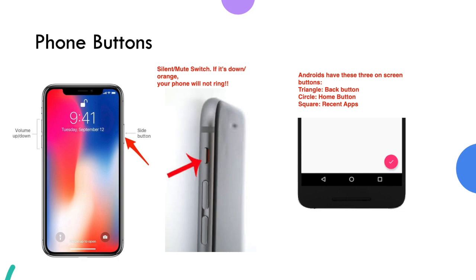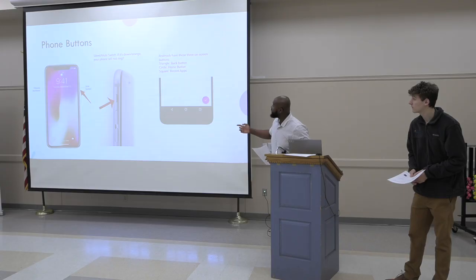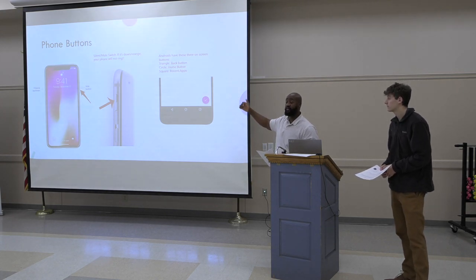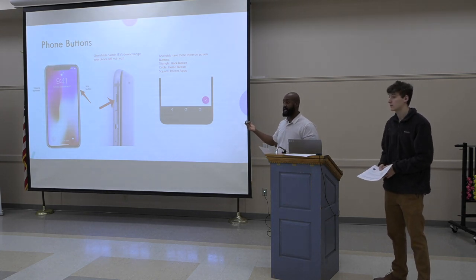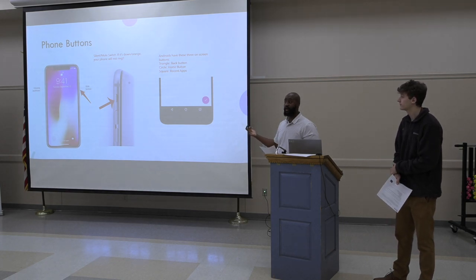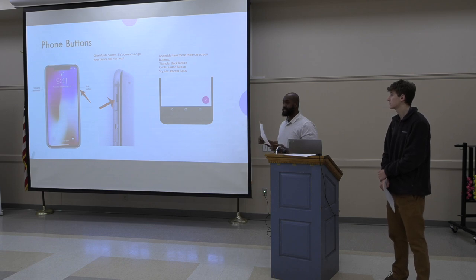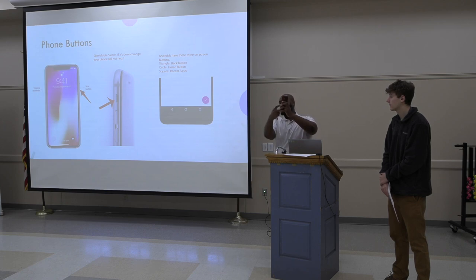So powering on and off the phone, typically it's on a side button with both Android and iPhone. There'll be a side button that's mainly used for powering on and off the phone. Typically nowadays for prevention, because back in the day, if you had this side button by itself, sometimes it might mash against your pocket, and then you may accidentally shut off your phone.